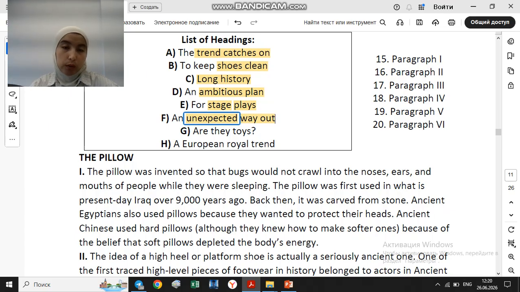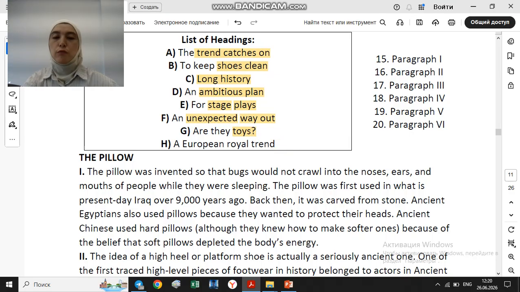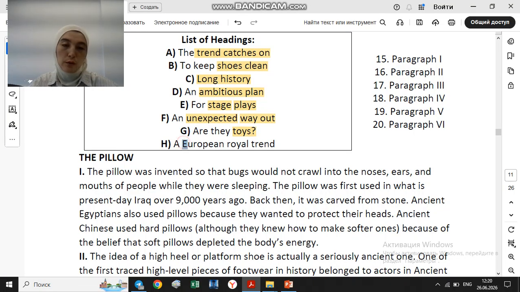Are they toys? So this is a question. I'm going to mark the question mark as well here. A European royal trend. European royal trend. I think we need all these three words as keywords.